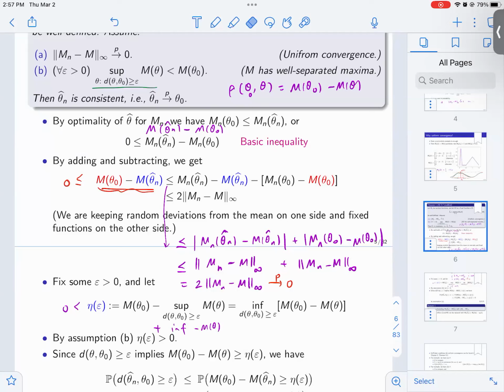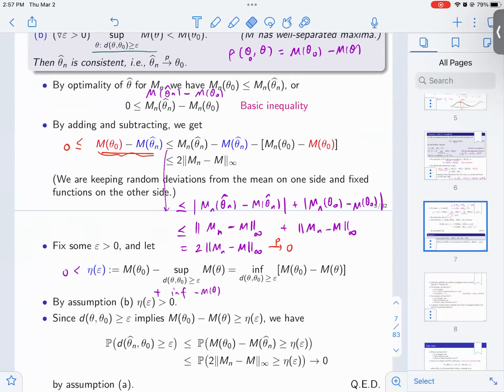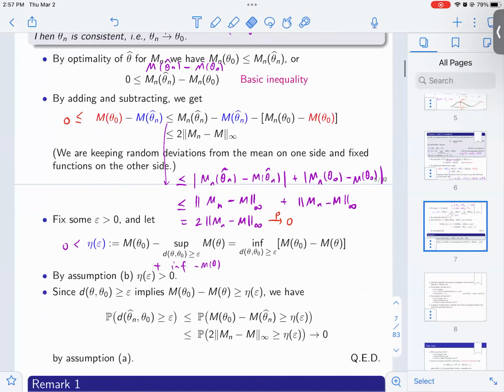So that's my definition. Now what we have established is something about this quantity. Let's work with this. Suppose I want to establish that the probability that theta hat n minus theta naught, in distance, is bigger than epsilon goes to 0.